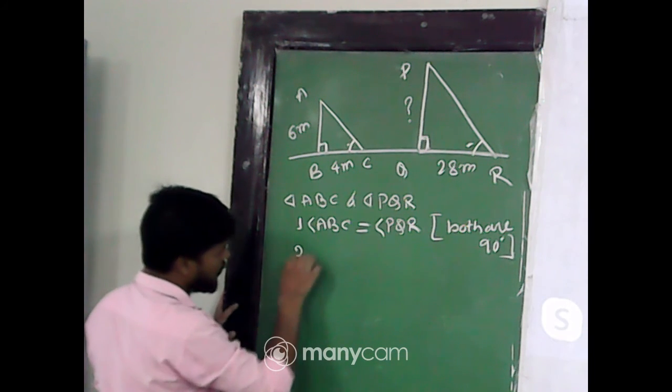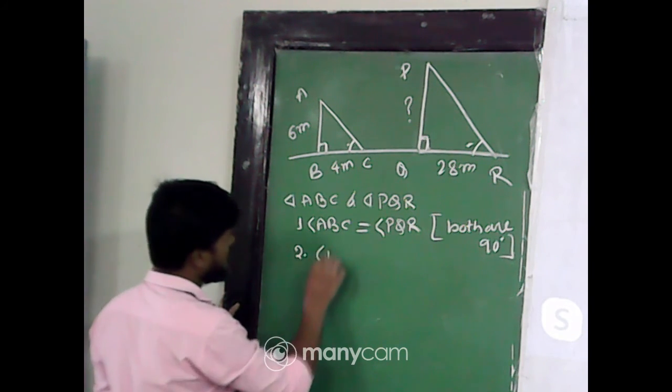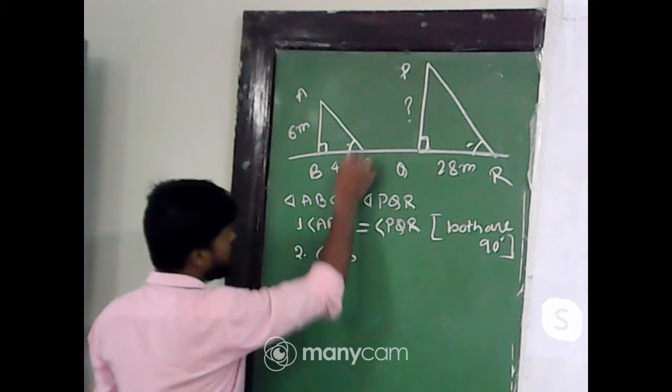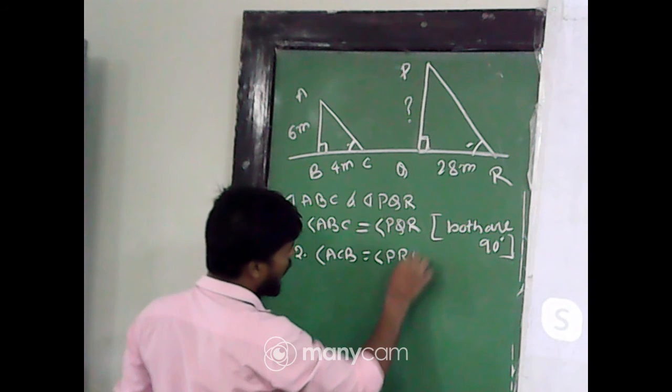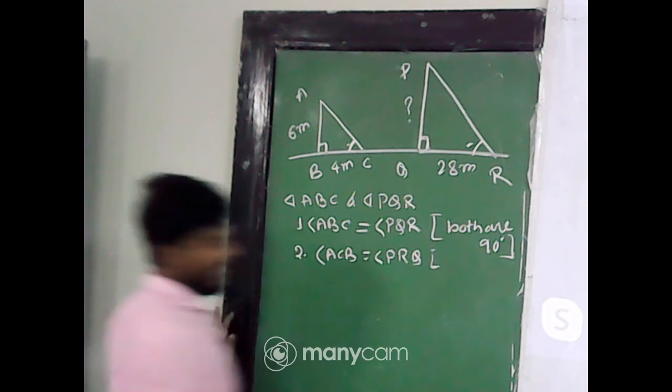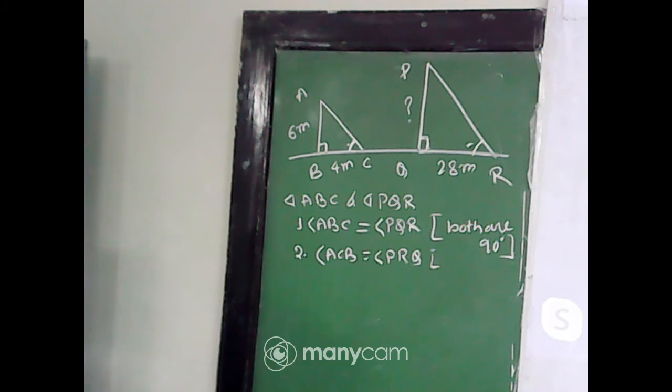And the second condition is angle ACB is equal to angle PRQ, because the angle of elevation of the sun at the same time is equal.